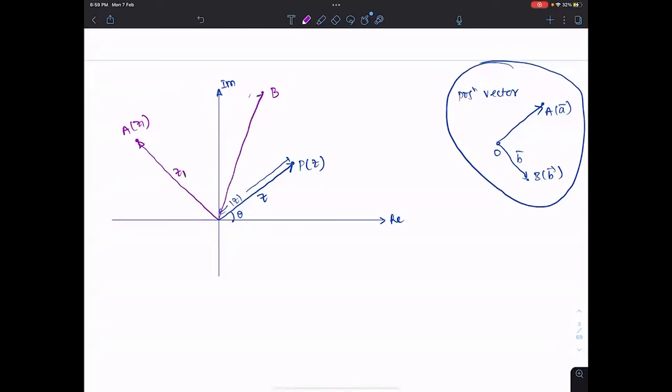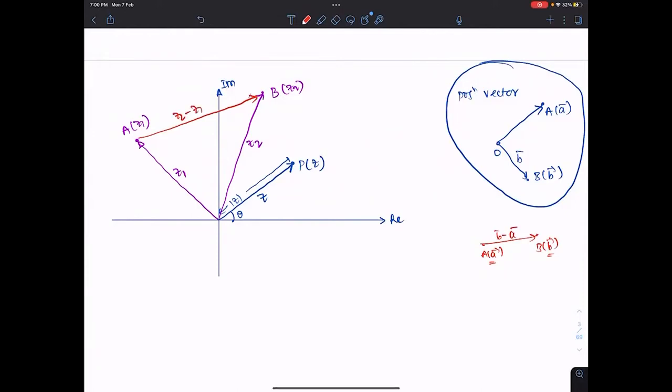Now, in bracket of B, if I write Z2, then that means from origin, if I point B, that vector is Z2. Now, what will be this one? In vectors also we do this. If you have A bar, B bar, then this vector will be final position minus initial position, B bar minus A bar. So here also it will be Z2 minus Z1.